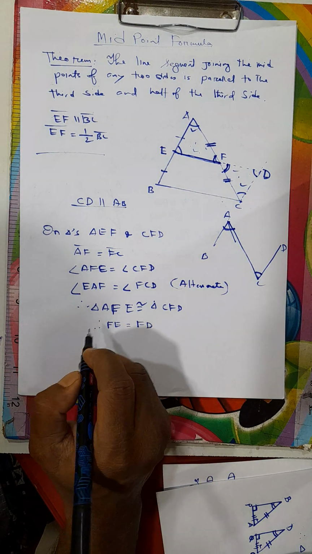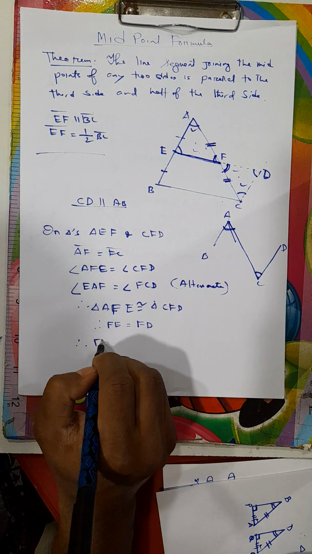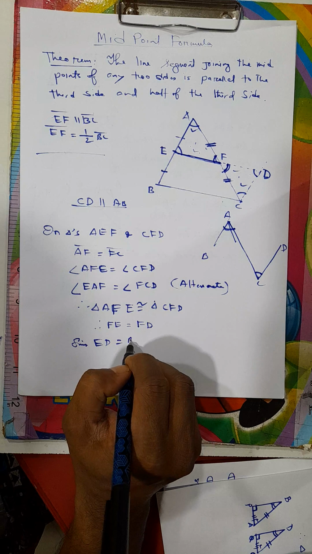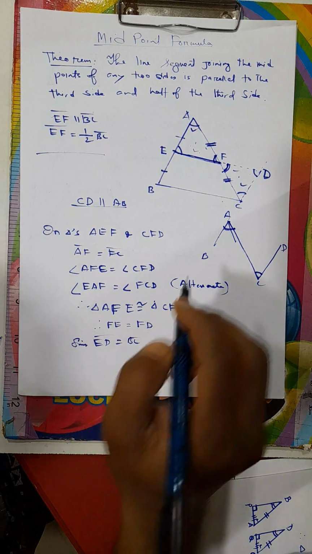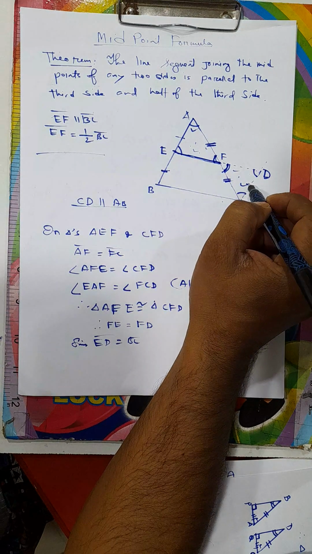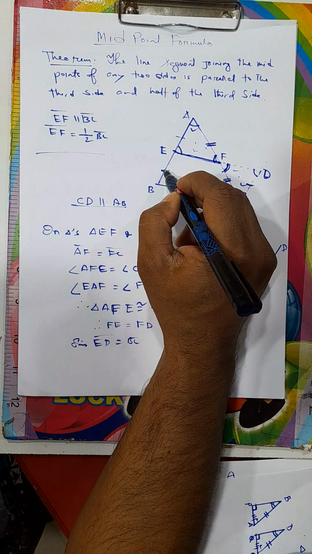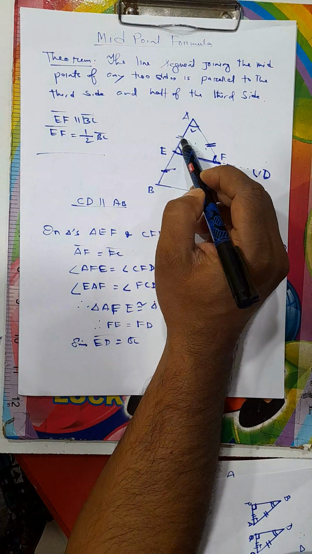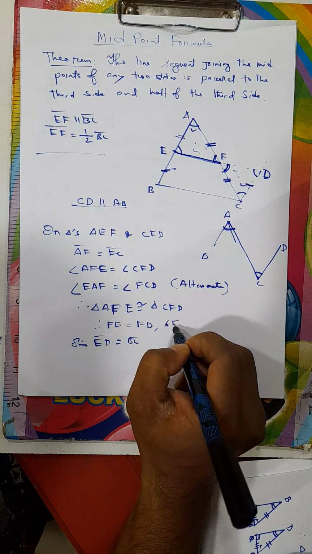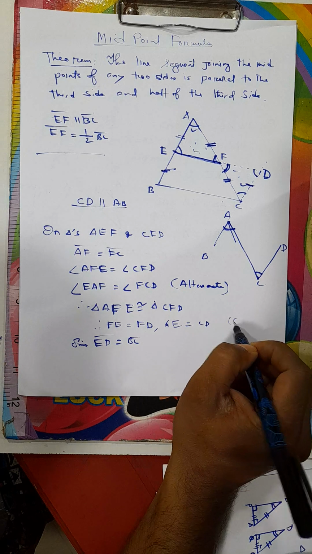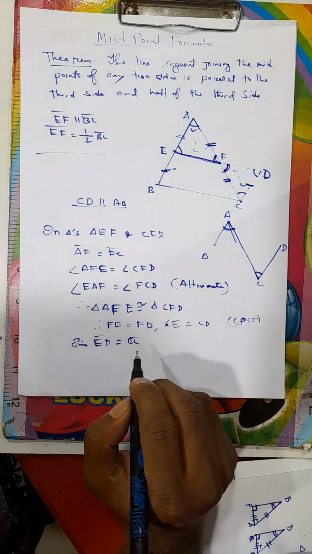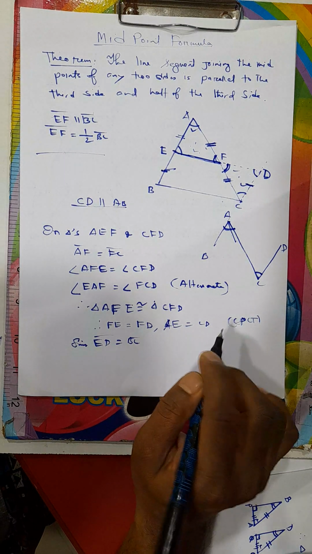Now you find that ED equal to BC, since it is a parallelogram, right? CD equal to EB, why? AE equal to CD. AE equal to CD, CPCT. Corresponding parts of congruent triangles are equal. So AE equal to CD.